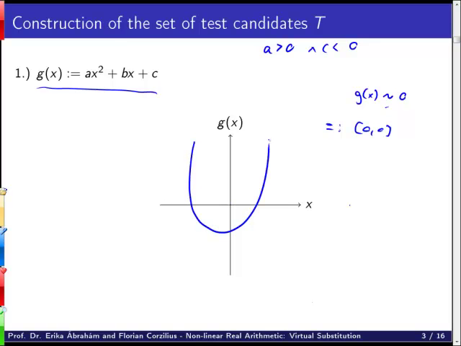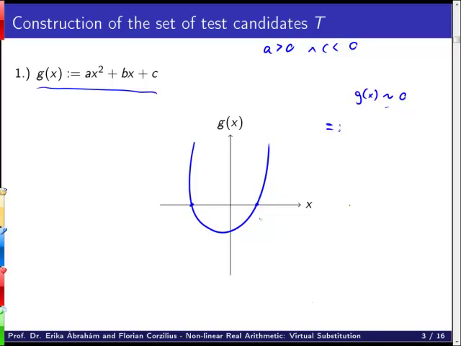So, zoom. And now we have, again, roots, which are important. So if it is equal, we have to calculate the roots here. Well, you know maybe from school, the PQ formula or Mitternachtsformel in German, I guess.